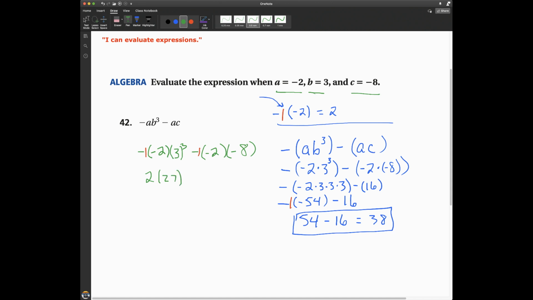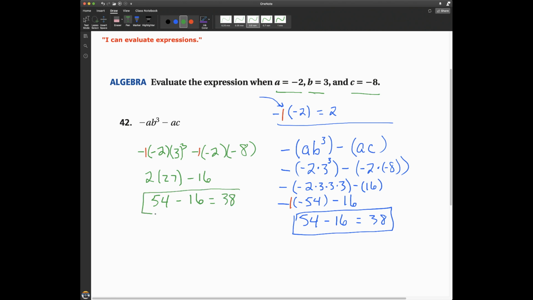Negative 1 times positive 2, so that's negative 2. Positive 2 times negative 8 is negative 16. So this ends up being 54 minus 16 as well, which equals 38.